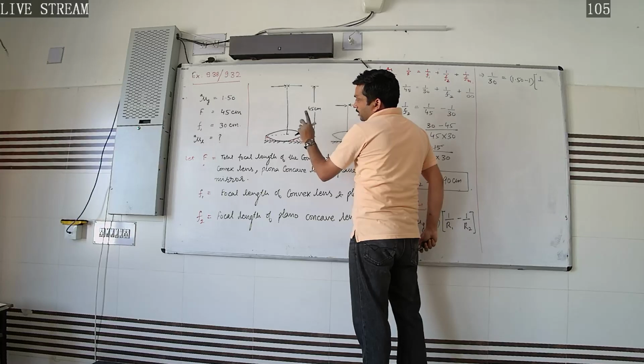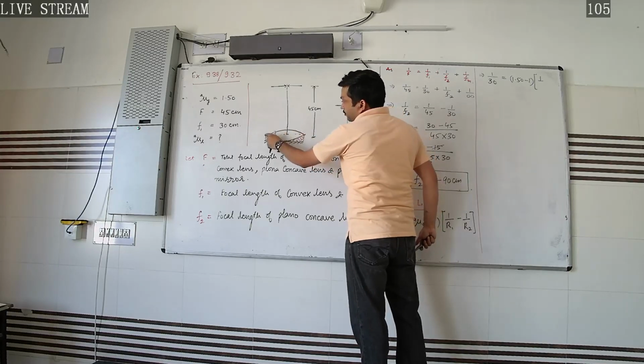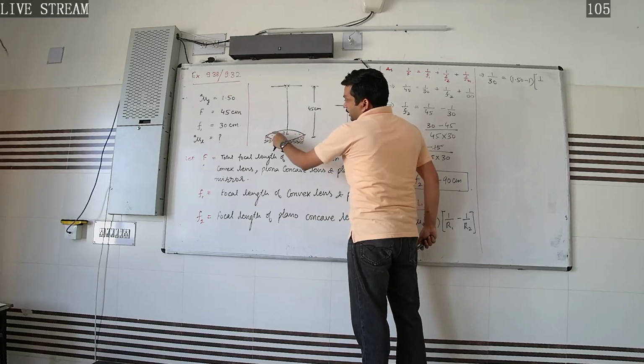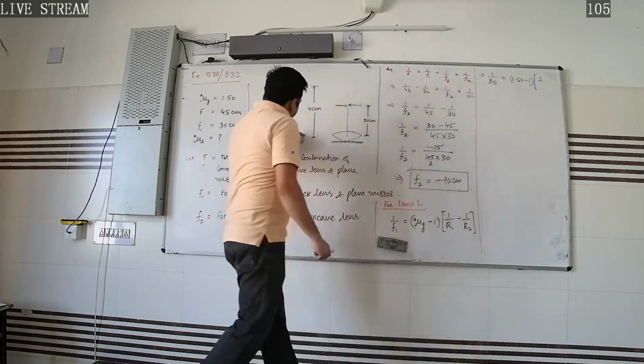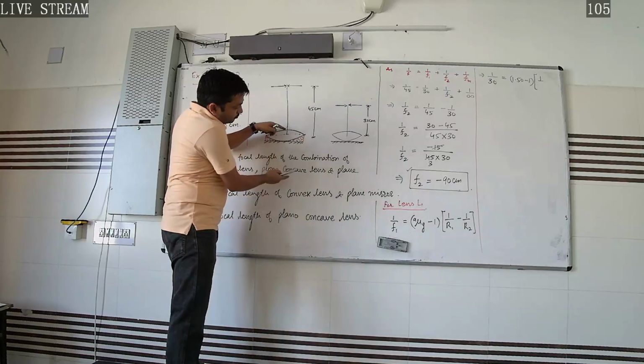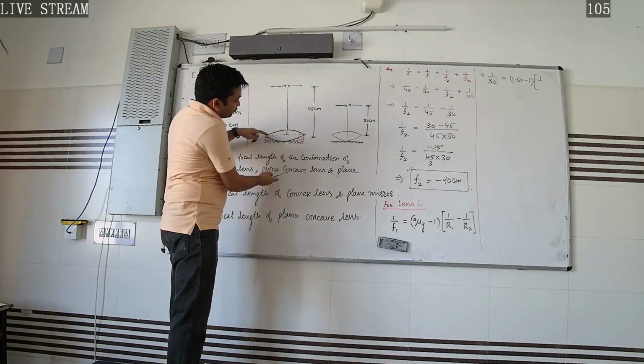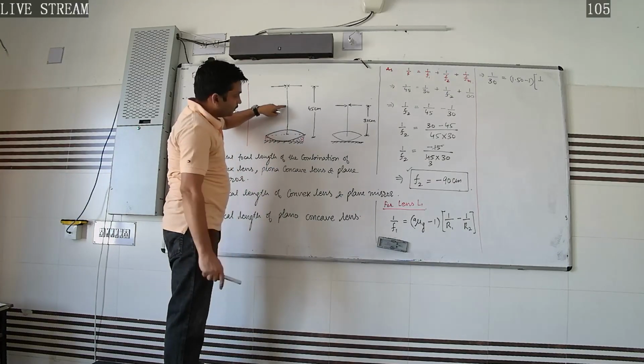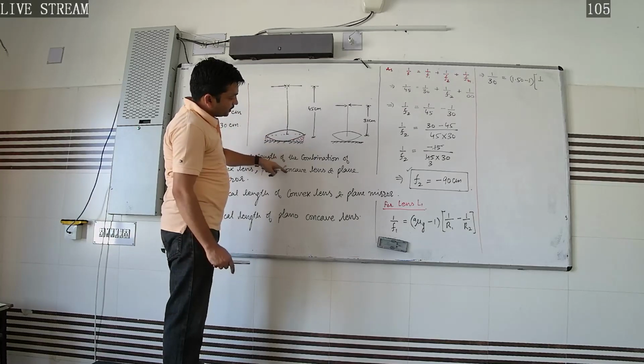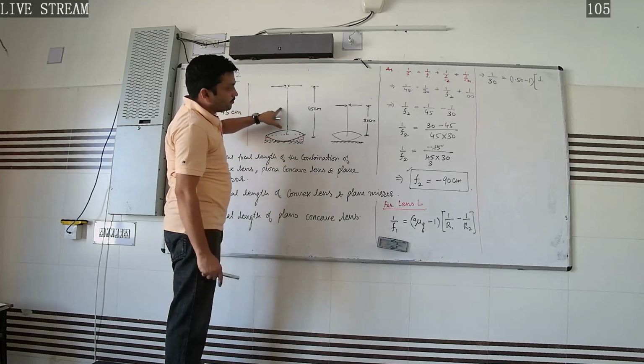This lens is bounded by the two surfaces XP1Y and XP2Y. So for XP1Y, R1 will lie here, and for XP2Y, R2 will lie here. So this distance will be measured as positive and this distance will be negative.